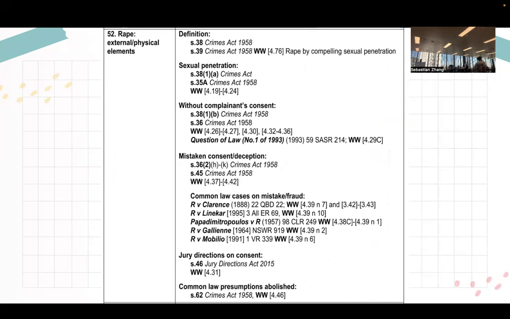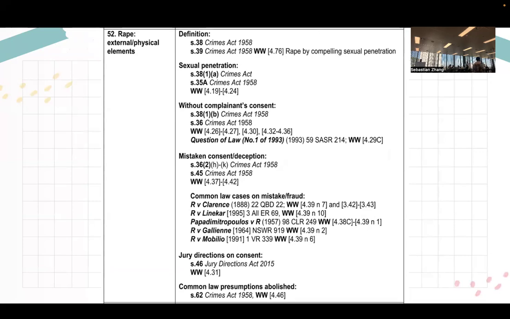So for rape to occur, first of all you need to have some sort of sexual penetration. And sexual penetration, if you think of it in its very traditional sense, in many other jurisdictions as well, but in Victoria, Australia, there are also a few other ways where sexual penetration can occur, but this usually wouldn't be contentious in your exam anyway.